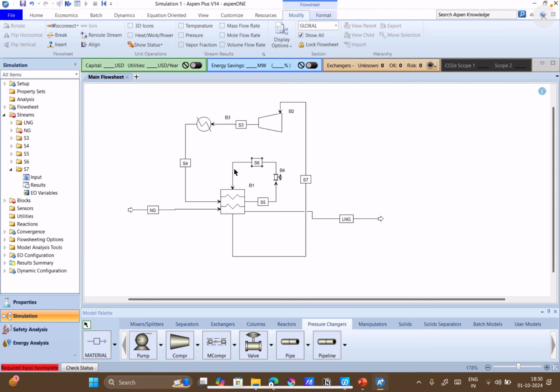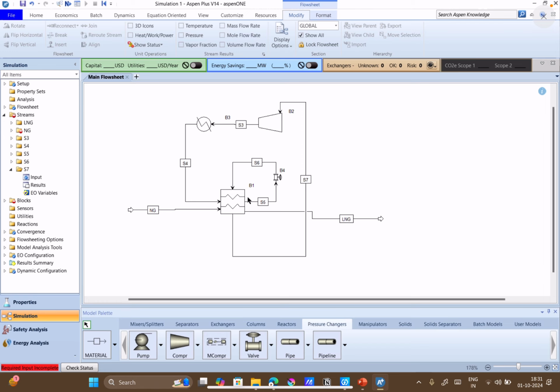So that will cool down both of the streams, right? And then from there the evaporated low pressure stream will go to the compressor again, and this cycle will continue. Okay, so this is how our single stage refrigerant cycle to liquefy natural gas will work out.